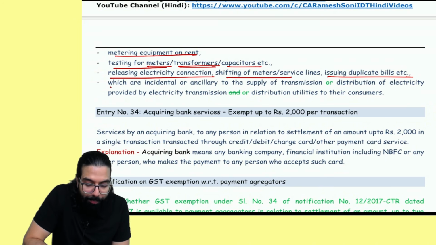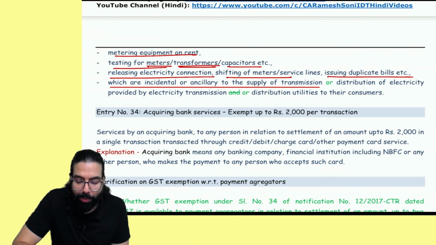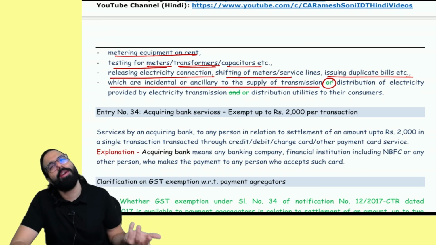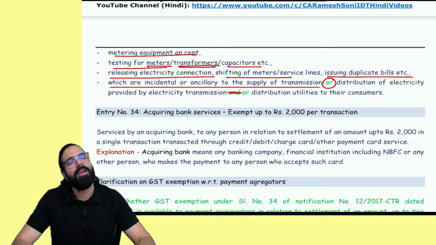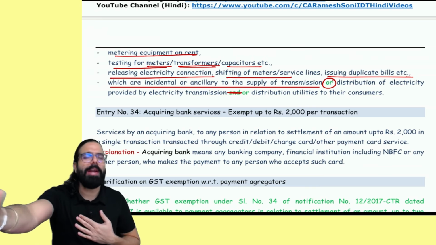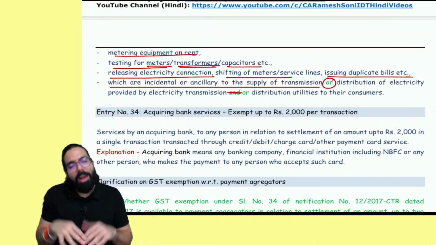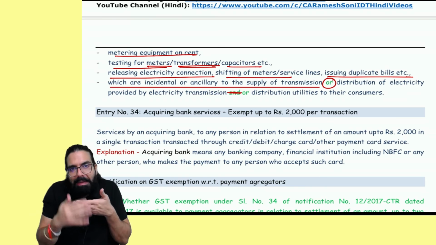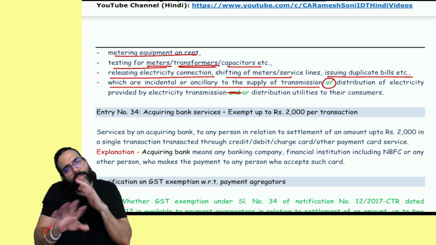Earlier it was written where these are ancillary or incidental to the supply of transmission and distribution. Now it is transmission or distribution, and the word and has been replaced with or. The and was a mistake. Whether I am providing transmission or distribution, along with that, if I am providing meter rental, shifting of meter, duplicate bill, those are ancillary services and they are also exempted.